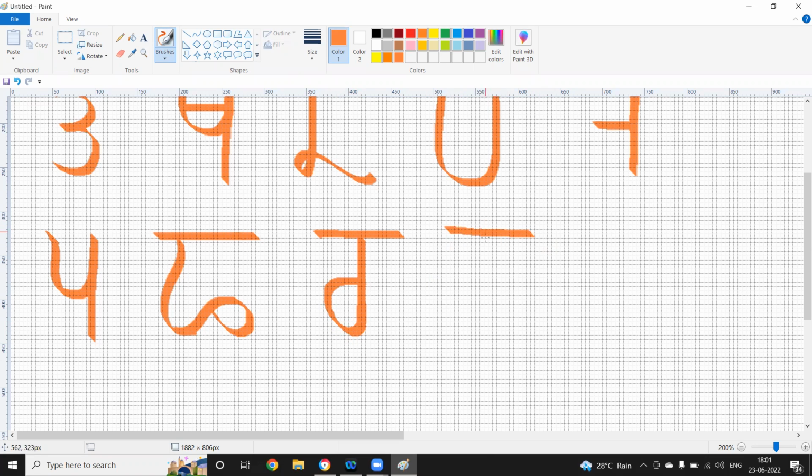We can either start from the center, or even if you start from the right hand side or the left hand side, this is also okay. Why? Because we have an extension of the curve behind. So this is also fine, or if you want to do it from the center of the shirorekha, that is also okay, but make sure that the letter is covered entirely with the shirorekha.